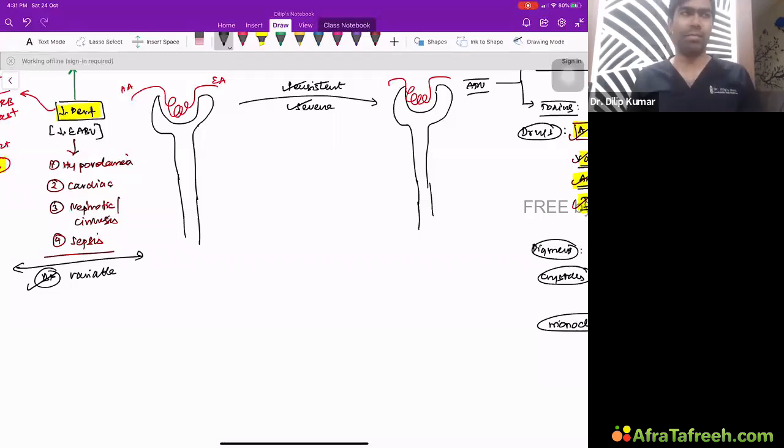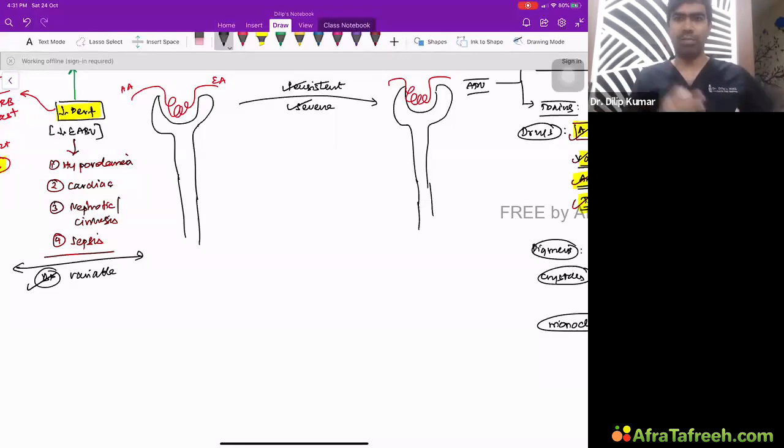Plus, there might be certain patients who are at risk of developing acute tubular necrosis, like patients who already have diabetes, or patients already taking NSAIDs. These patients cannot tolerate even small hypoperfusion, because a patient who's already susceptible, or already has a damaged kidney, might easily develop acute tubular necrosis.